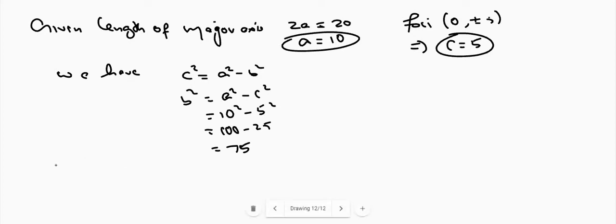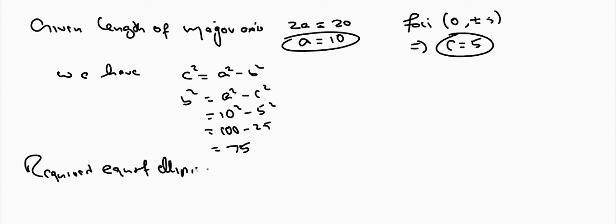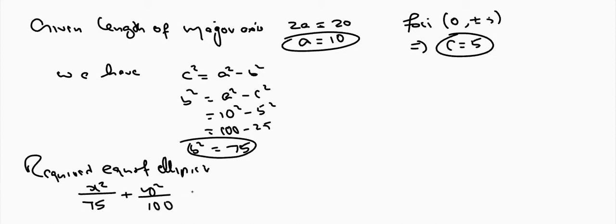Then the required equation of the ellipse is x square by 75 plus y square by 100 equals 1.